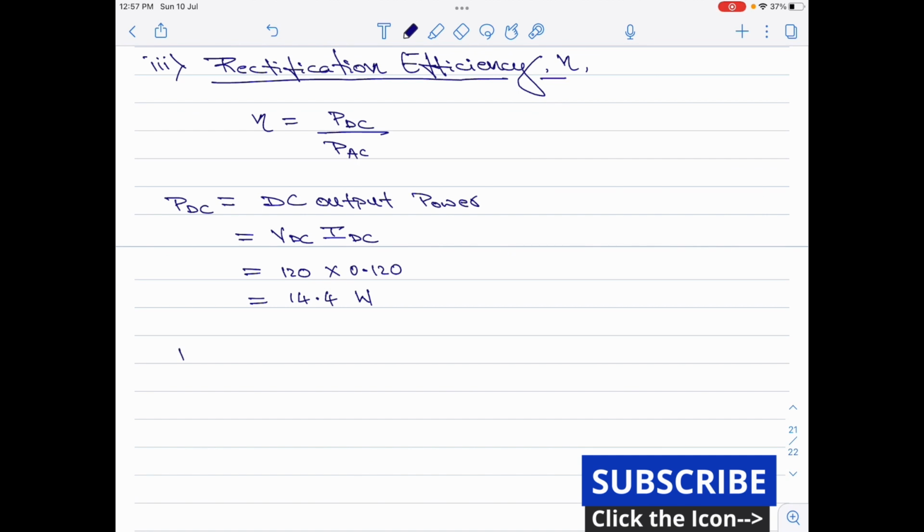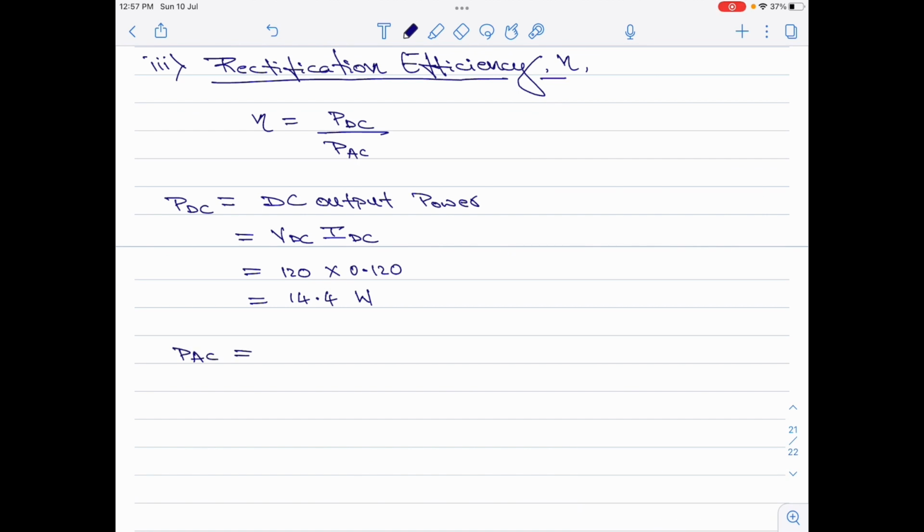Next, PAC. PAC is the AC input power and is given by VRMS multiplied by IRMS. Please note, we have not computed VRMS. However, it is not a problem because I will represent VRMS in terms of IRMS, and it is given as IRMS multiplied by the resistances in the circuit, which is 2RF plus RL.